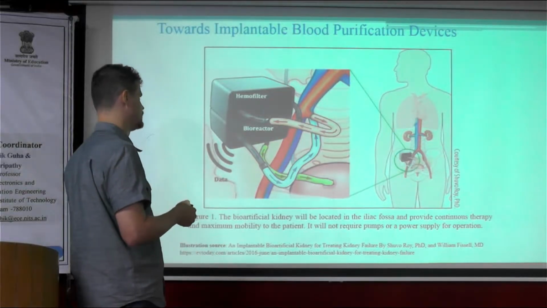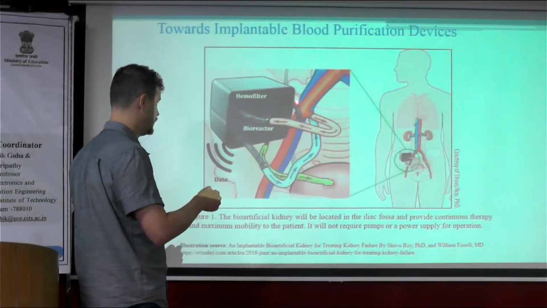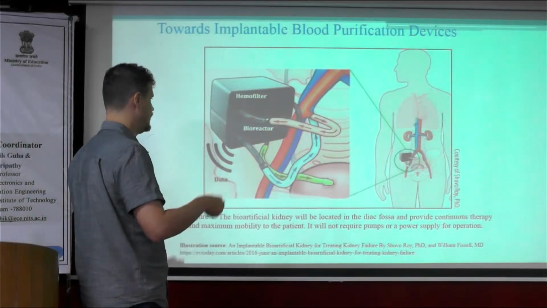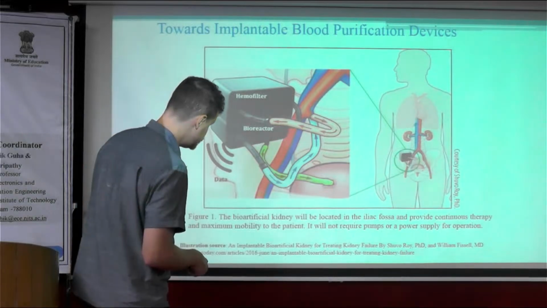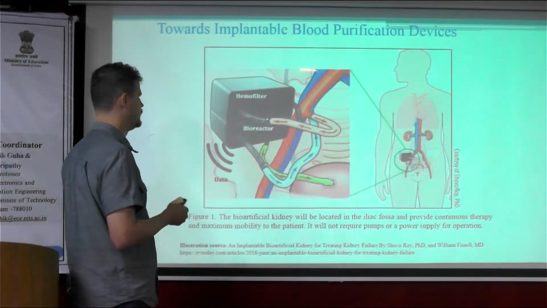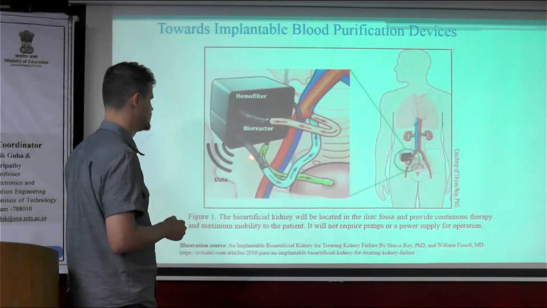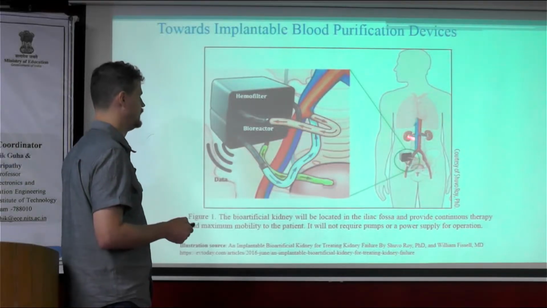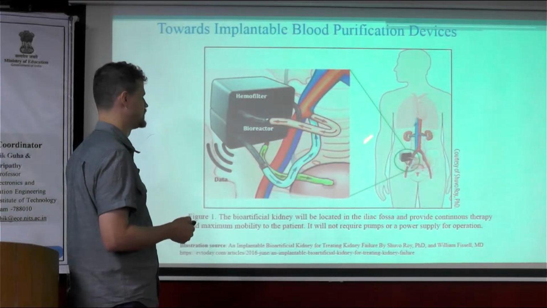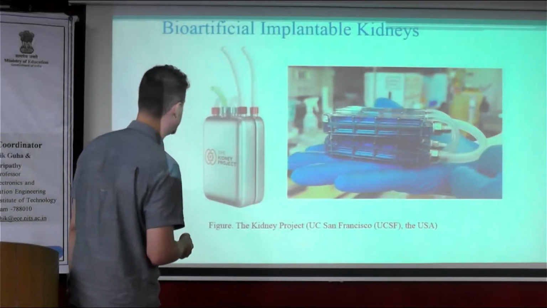The reabsorption helps us to return the nutrients back to the blood that goes back to the vein, and then the final urine goes to the bladder. The main idea behind this apparatus is that we use the cardiovascular system without any additional pumping. So basically, it's an attempt to recreate the artificial kidney the way the natural kidney works.